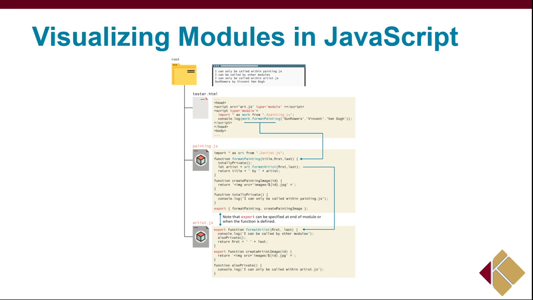From it, we are importing the work. Okay? And then we are going to console log the work.format painting with this given thing.